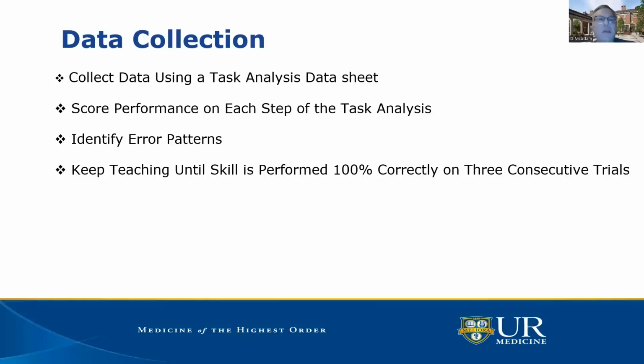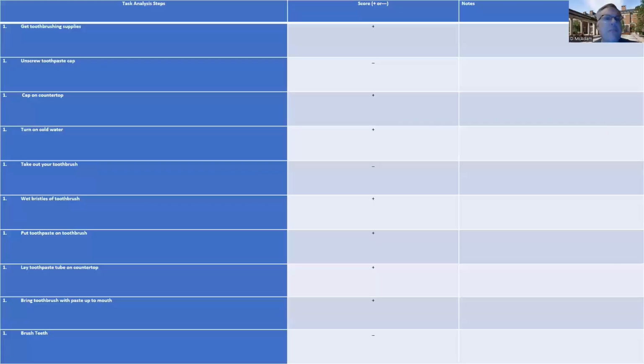Data collection. So it's important to evaluate whether or not a student has made progress. And the best way to do this oftentimes is using a data collection sheet. And in the data collection sheet, I'm going to show you an example here. It's every step of your task analysis. You score whether or not it was done correctly.